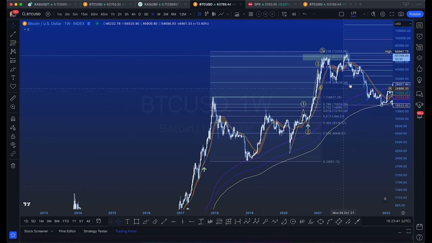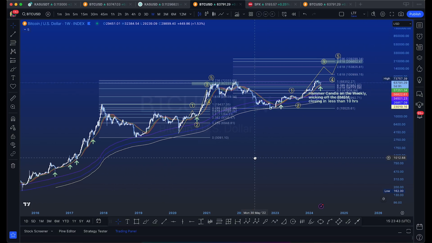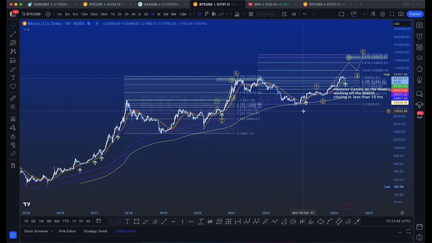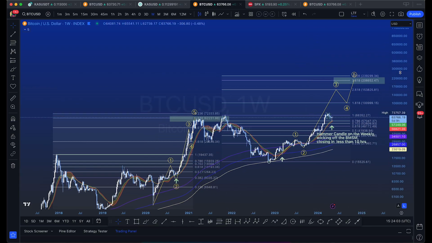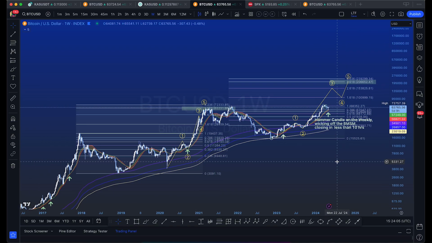So if you zoom out and look at what we're doing right now, we have a little bit of fear because people are wondering if we're going to have a triple peak. But if you look at that weekly hammer candle, you could argue that things are looking quite promising for continued upside. And in terms of Elliott waves, what sort of price action can we expect going forward?